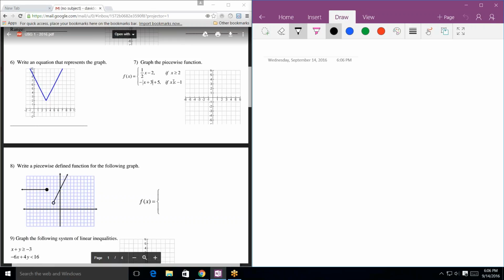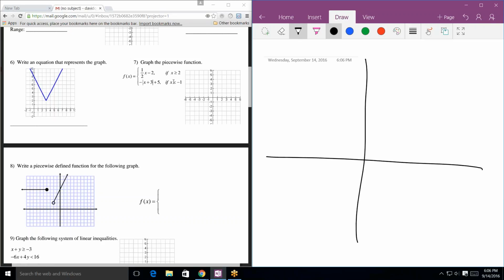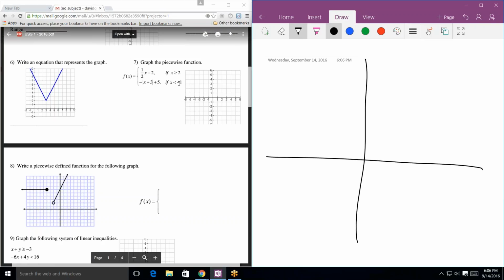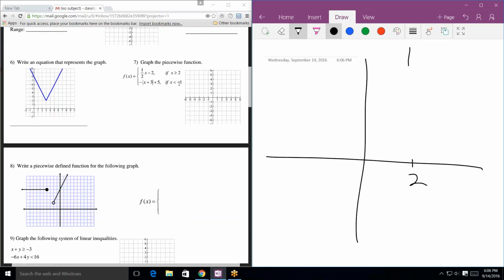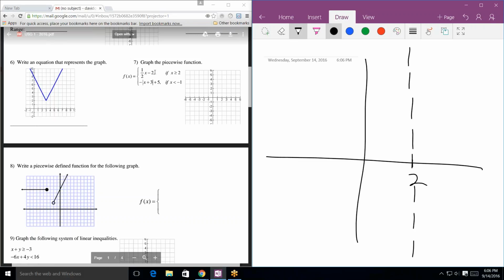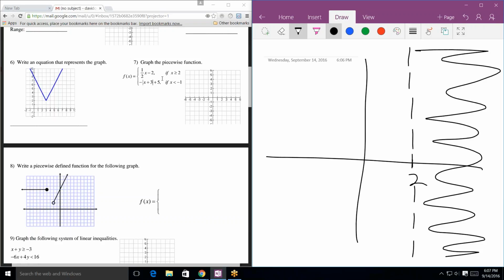And what that does is it tells you, if I start in the upper right-hand corner at the number 2, and just in my mind, I'm going to draw a dotted line here, and I'm going to graph that function, 1/2 x minus 2, everywhere in that range.